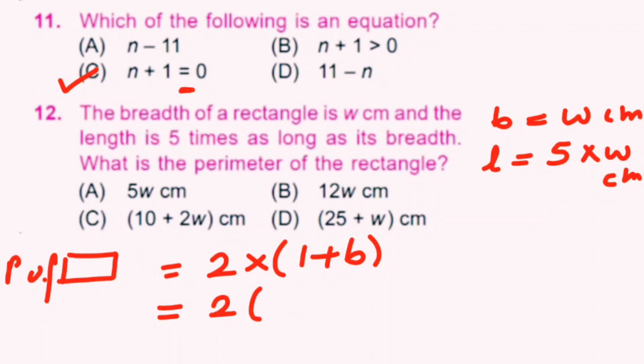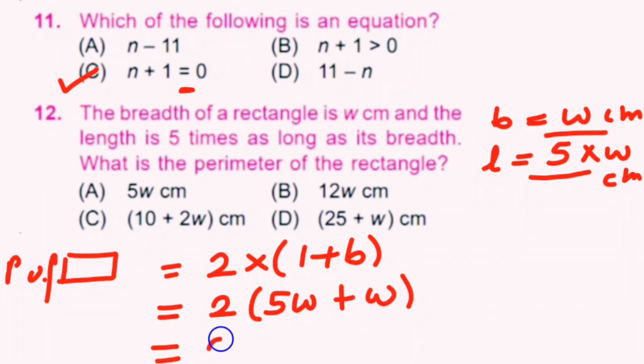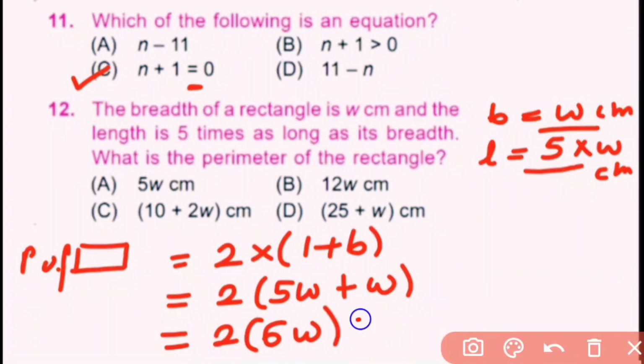So 2 into length is 5W plus breadth is W is equal to 2 into 5W plus 1W, 6W. And yes, 2 into 6 is 12W centimeter. The perimeter of the rectangle is 12W centimeter. So here B is the correct answer.